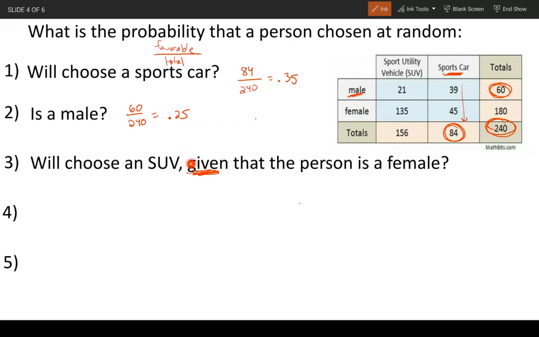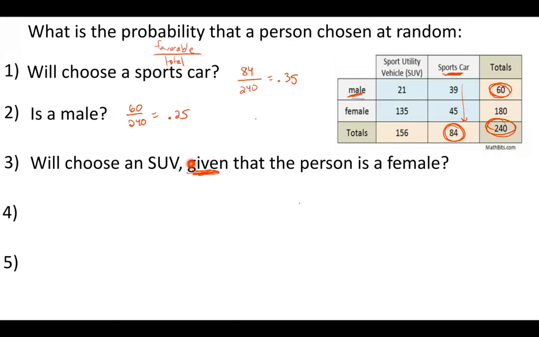I found the best way to do this is to just circle the row or column that specific item is what we're talking about. So we kind of want to read this backwards. Given that the person is female, meaning we only want to consider females in this. So these are the only numbers, the ones that are inside that female row. Okay, and then how many are going to choose an SUV?